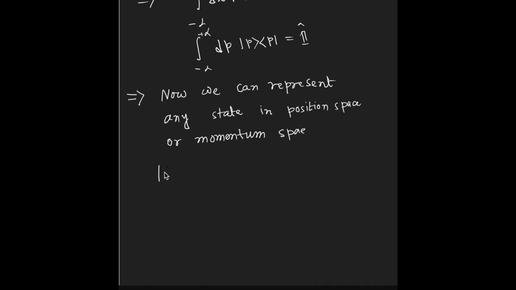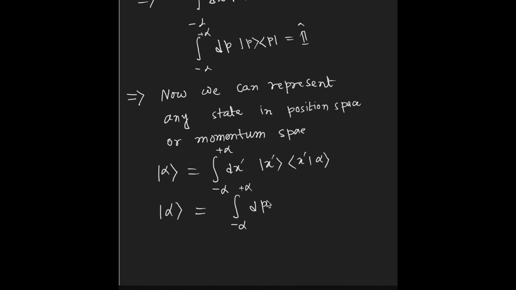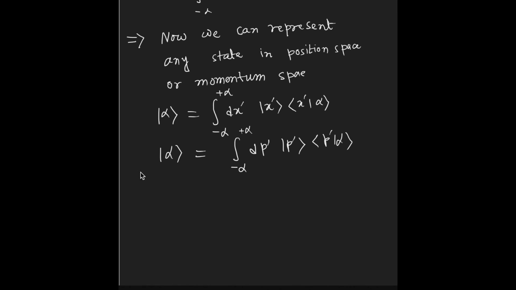If some state is alpha, we can represent it in the position basis as follows. Similarly, we can also represent the same ket vector in momentum space as follows: the integral of dp' |p'><p'|alpha>.